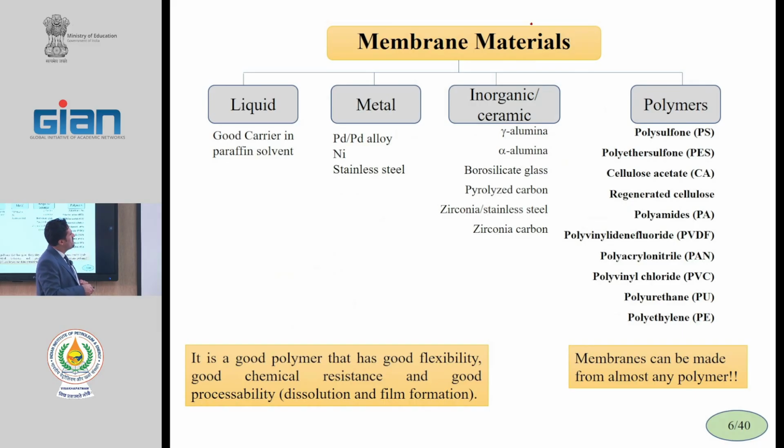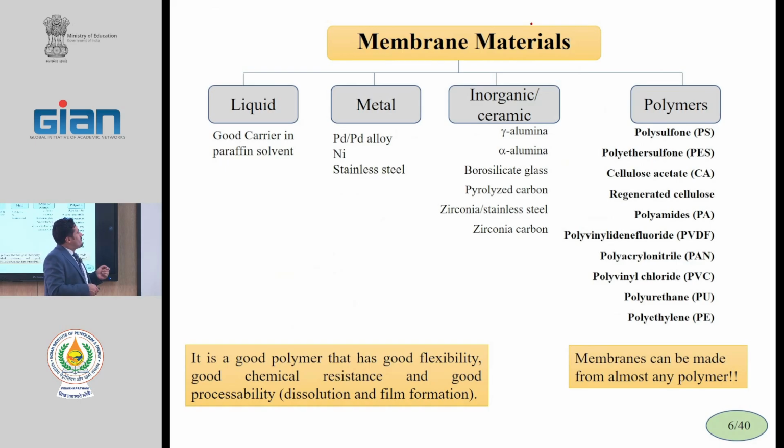For example, when we use alumina for fabrication of membranes, we need 1,700 centigrade temperature for 6 to 8 hours for sintering of these materials, and this causes the high cost.